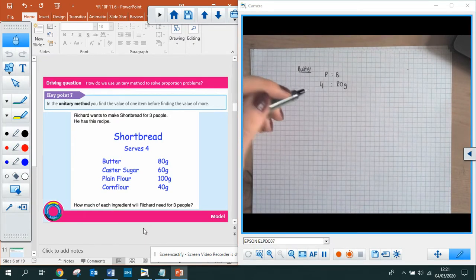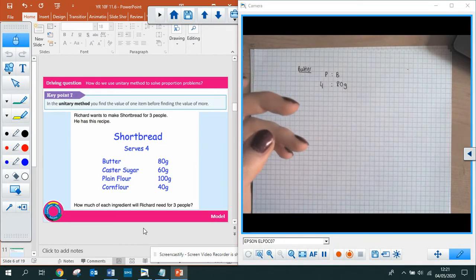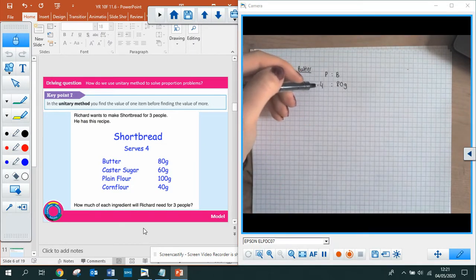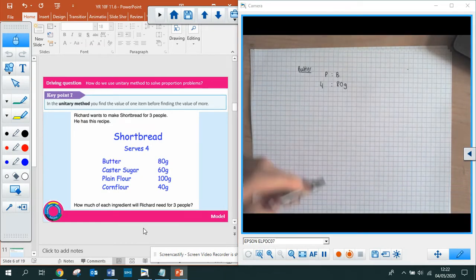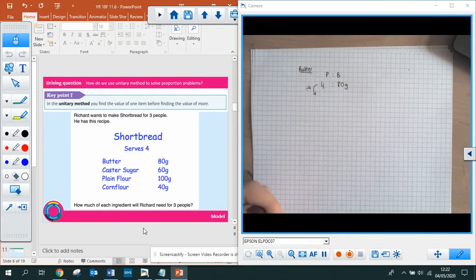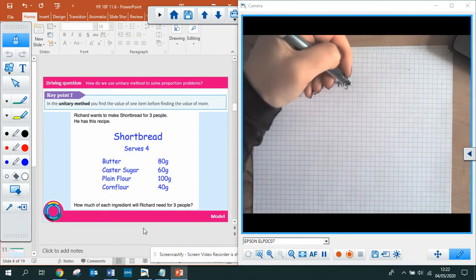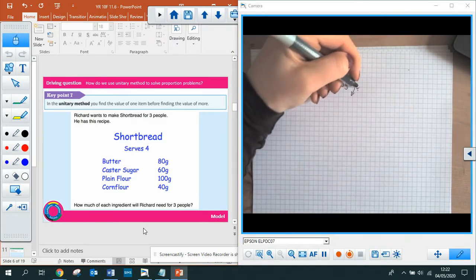You don't divide by 2, you don't times by anything, and you can't just subtract 1 because that wouldn't work here. So we're going to take this into unitary form in order to then multiply up to 3 people. I'm going to divide by 4 to work out how much butter is needed for 1 person, and then multiply that by 3 to work out how much is needed for 3.